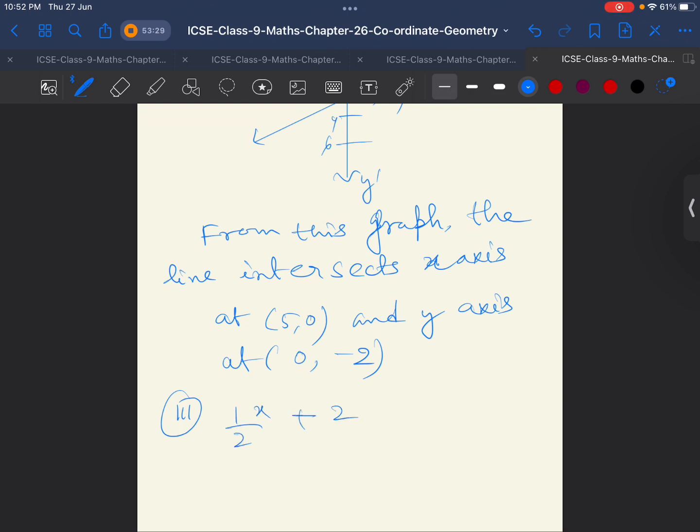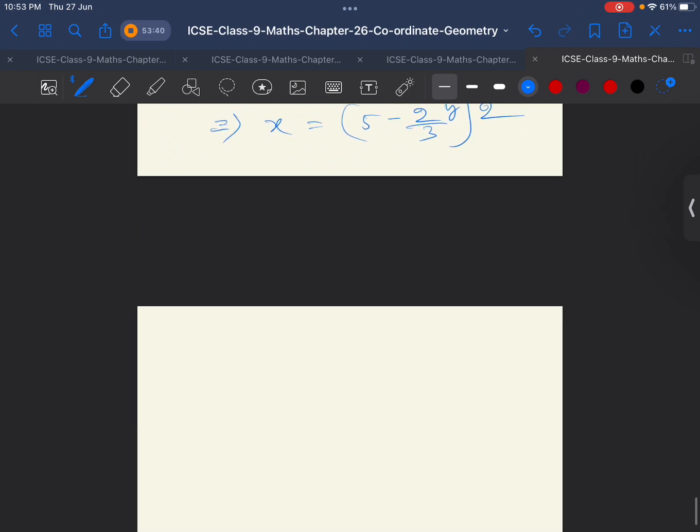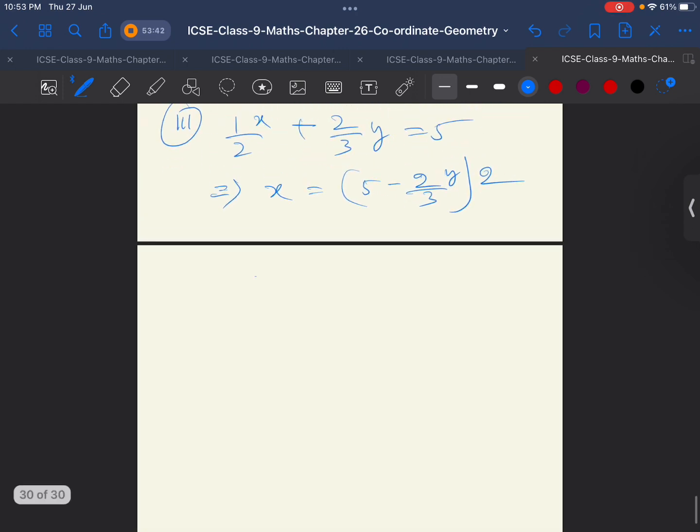Question 3, x + (2/3)y = 5. This implies x = 5 - (2/3)y. Okay, now the table is here.